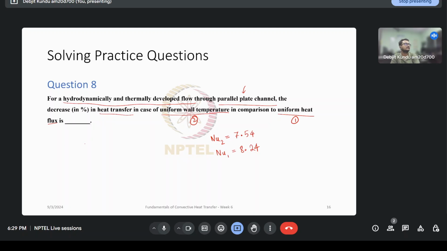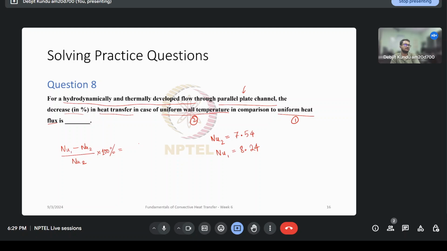Now we will take a look at the percentage decrease in this. So Nu2 is lower than Nu1. So we are looking at (Nu1 minus Nu2) divided by Nu1, for percentage decrease. So it should be with respect to Nu1, which is the higher value, times 100%.